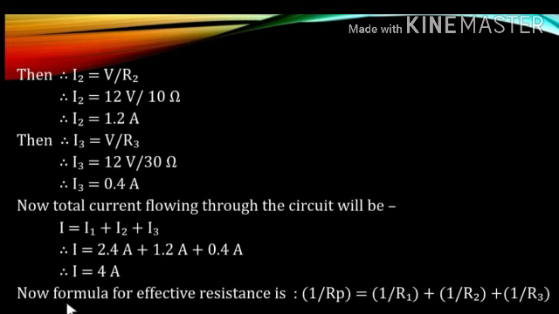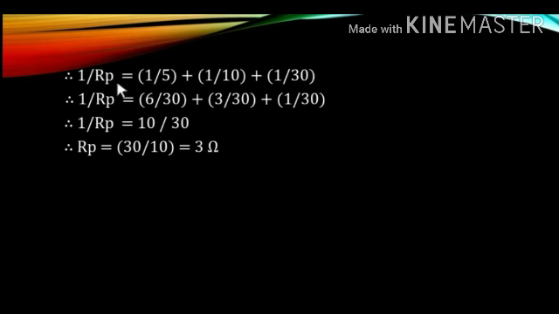Now we will find out the effective resistance of all these resistors connected in parallel. Formula is 1 by Rp is equal to 1 by R1 plus 1 by R2 plus 1 by R3. Now putting the values of R1, R2 and R3 in the equation, we will get 1 by Rp is equal to 1 by 5 plus 1 by 10 plus 1 by 30.